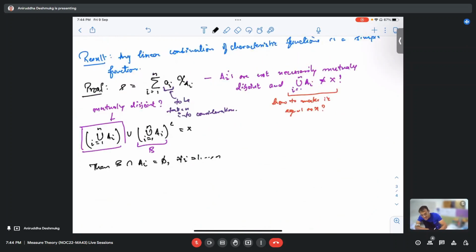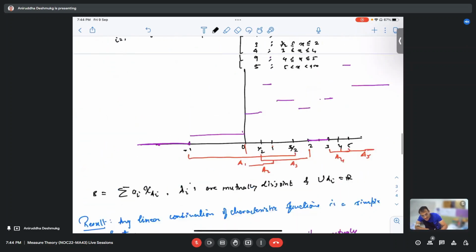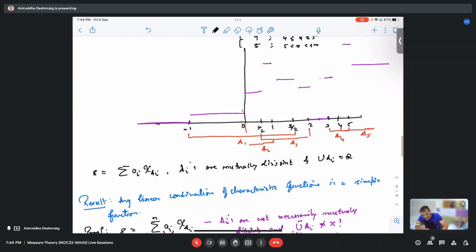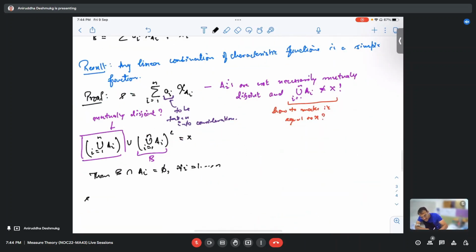So we will write this. Whenever such a thing happens, only A_i comes out, with no other addition to it. So let us write this S as summation i from 1 to n, a_i chi of A_i minus the union over j from 1 to n, j not equal to i, of A_j.